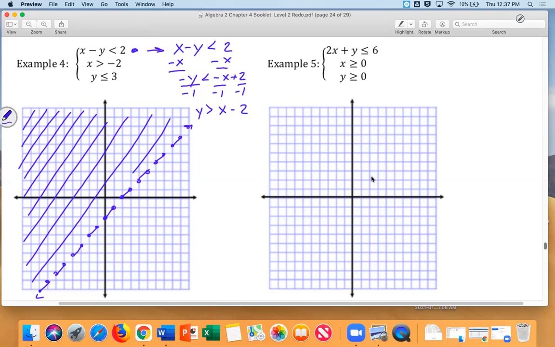Nice. All right. This one says x is greater than -2. So that's -2. Greater than is going to be over here.